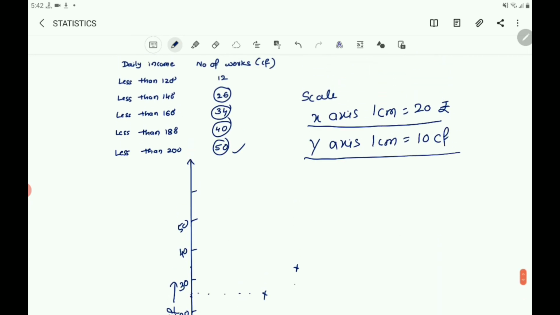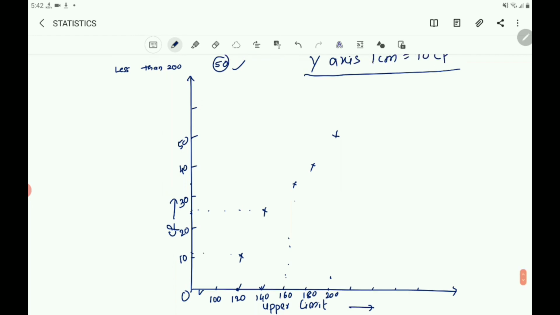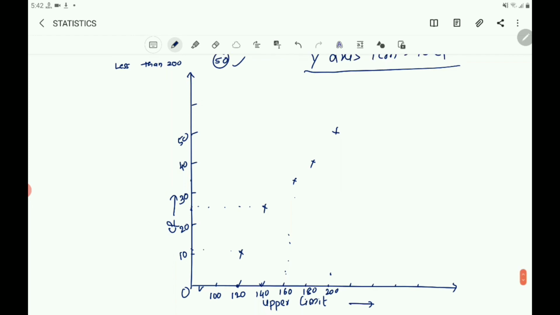Then 180, 40. 180, 40 is here. Then 200, go straight to 50, you will get it here. Then you draw the line here.